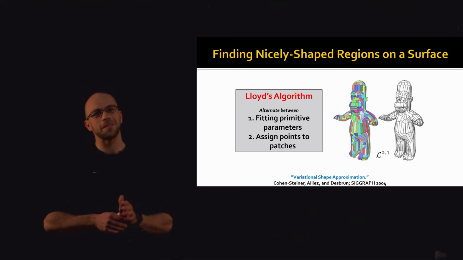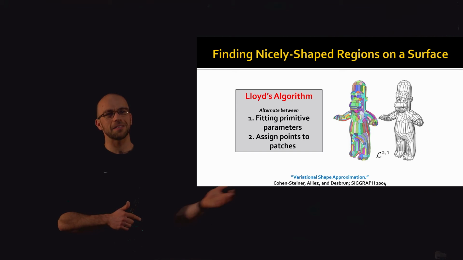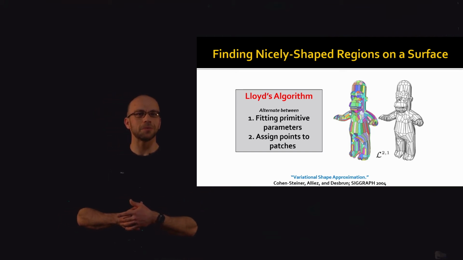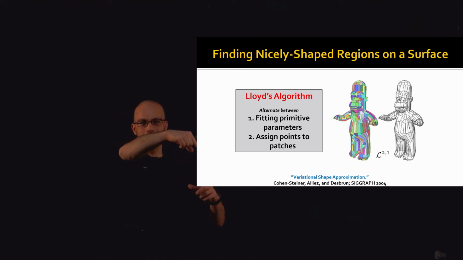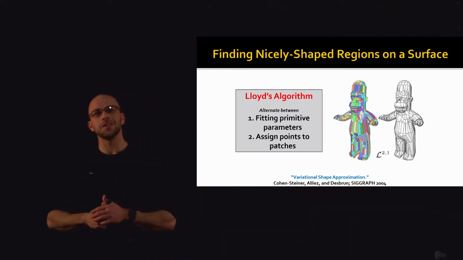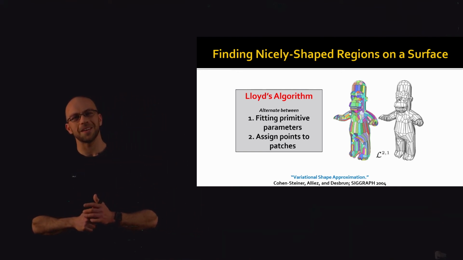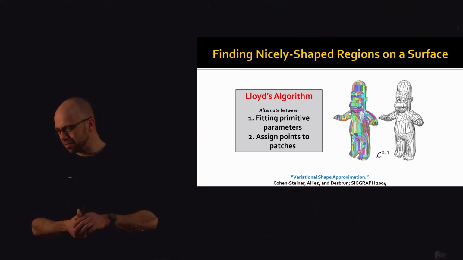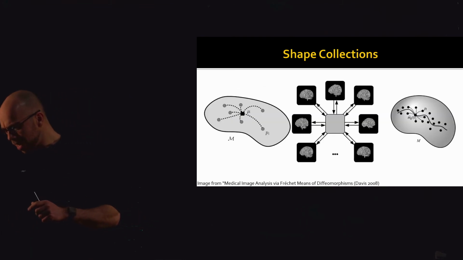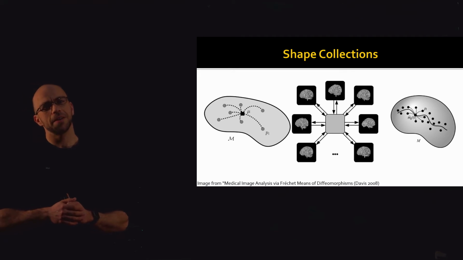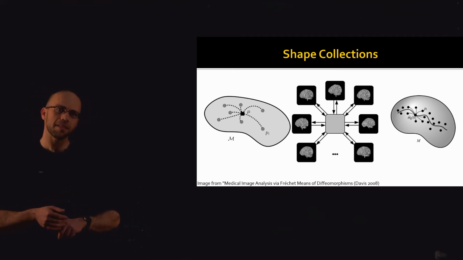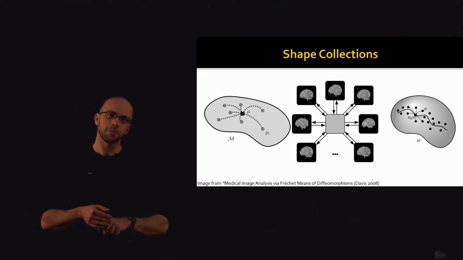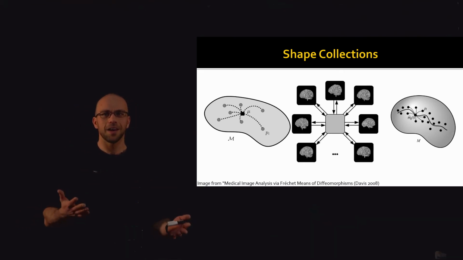For example, it's applied in this variational shape approximation research paper from 2004 to find patches along a surface that can be approximated with very simple primitives like planes or ellipses. And in the medical imaging literature, computing Frechet means is popular as a means of summarizing a big collection of diffeomorphisms or of pieces of geometry.